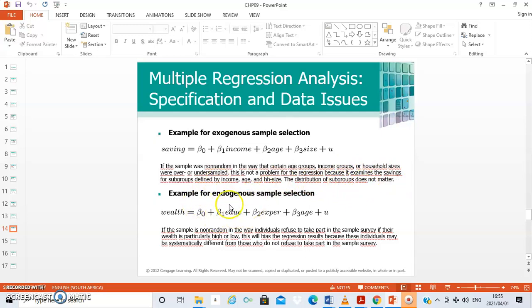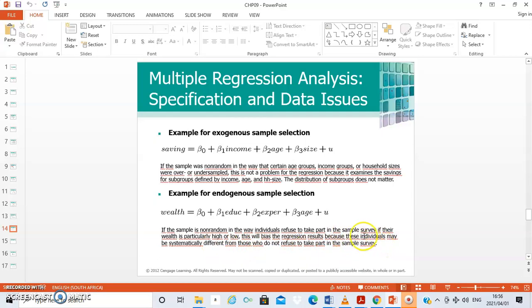But let us look at the wealth. Given the fact that we are estimating this variable, we want to get the average value of the wealth given education, experience, and age. So if this sample was non-random and certain individuals refused to take part in the sample survey, or whatever the case might be, we will have a situation where it can either be high or low, and this will result in biased regression results, because individuals who refuse might be systematically different from those who do not refuse to take part in the sample survey, right?